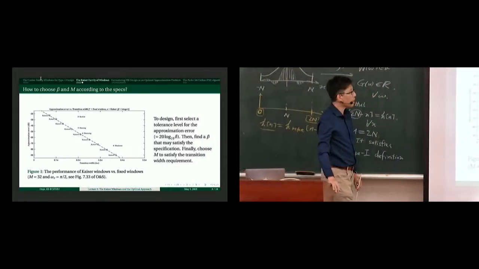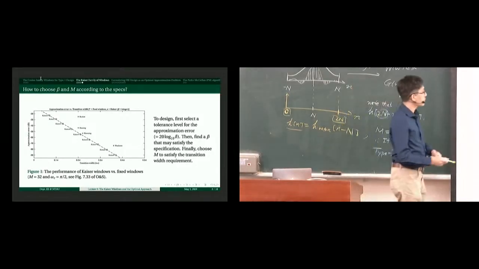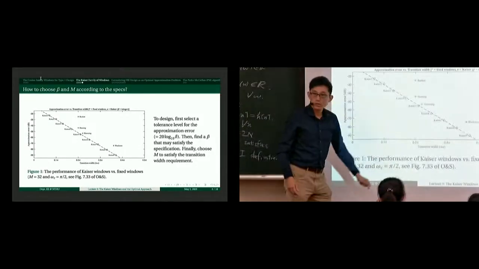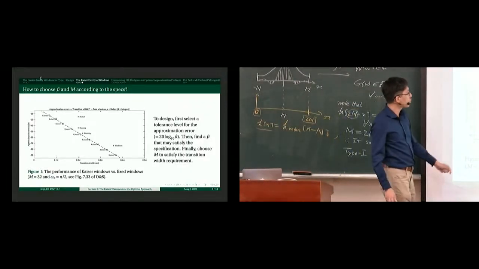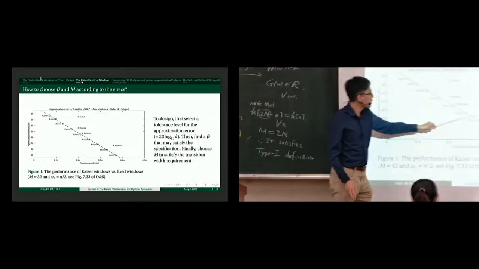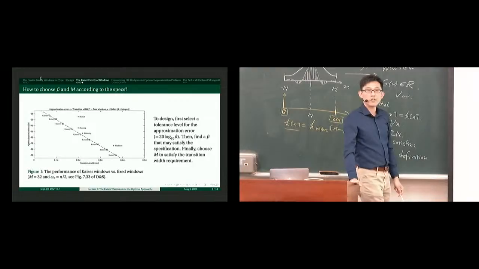So now can we conclude which one is better? Does the Kaiser family of windows give us a better design, or does the cosine family give us a better design? Now you can answer that. Which family is better?